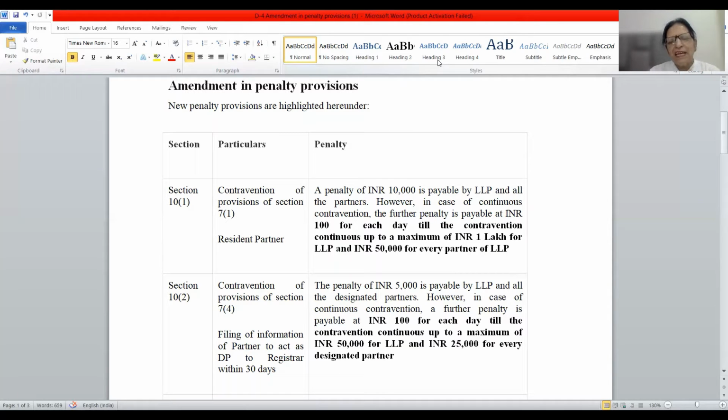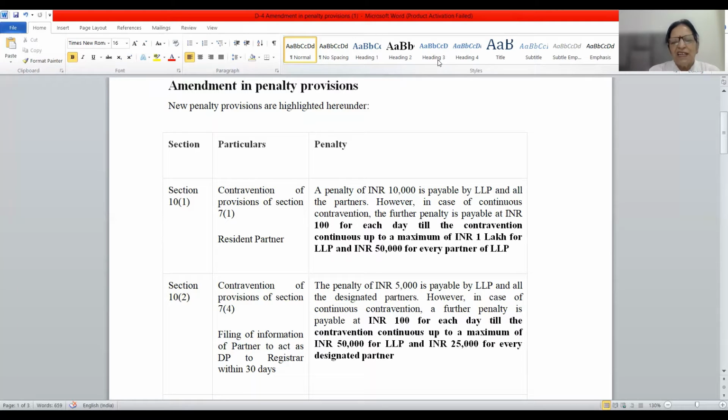Friends, the penalty is Rs 5,000, which is payable by LLP and all the designated partners. However, in case of continuous contravention, a further penalty is payable at Rs 100 for each day, till the contravention continues, up to a maximum of Rs 50,000 for LLP and Rs 25,000 for every designated partner. So friends, you all know designated partners are liable for contravention.